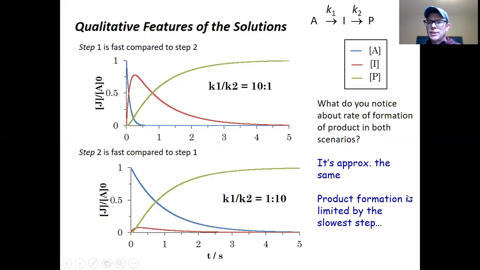The point that I want to emphasize is that in both scenarios, the product formation is limited by the slowest step. In this one, step 2 is slow, so I quickly form the intermediate, and then this slowly forms the product. In the other, I slowly form the intermediate, and then that quickly reacts. So the overall production of product is going to be limited by the slowest step.